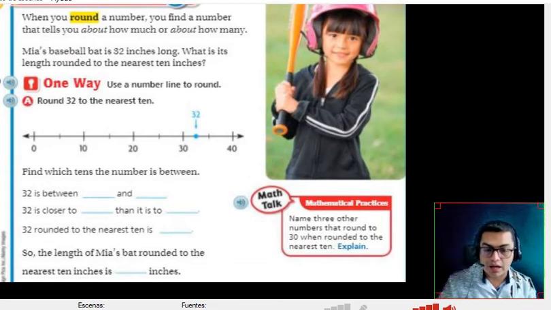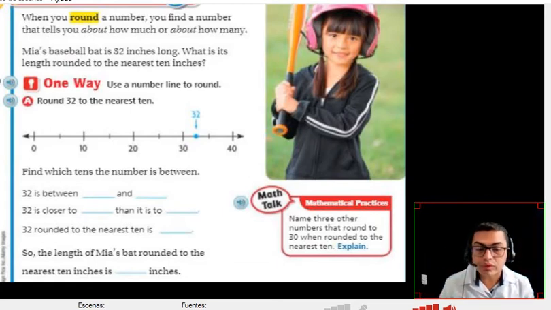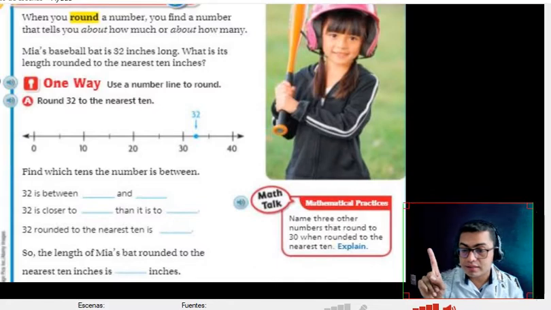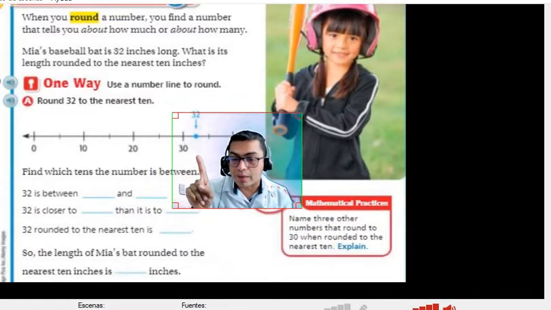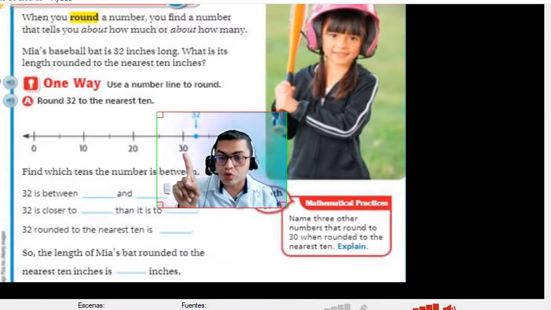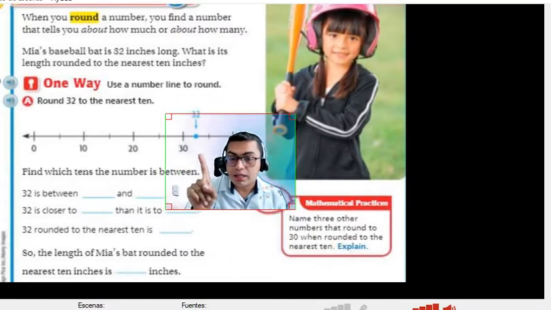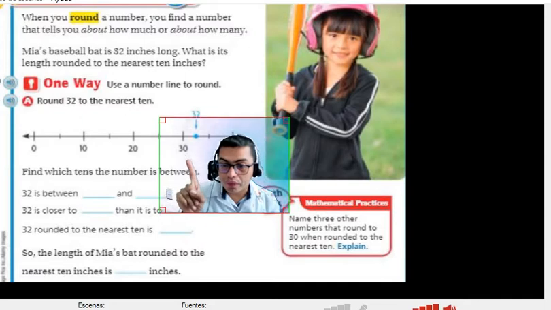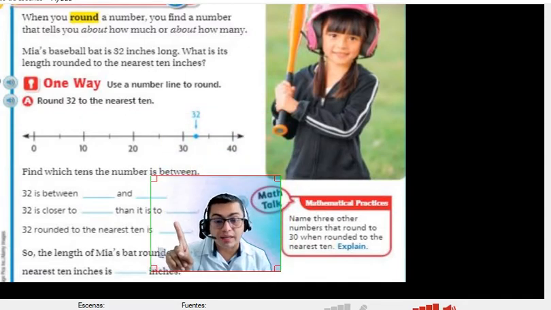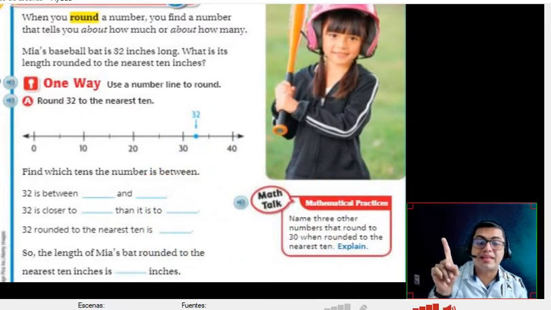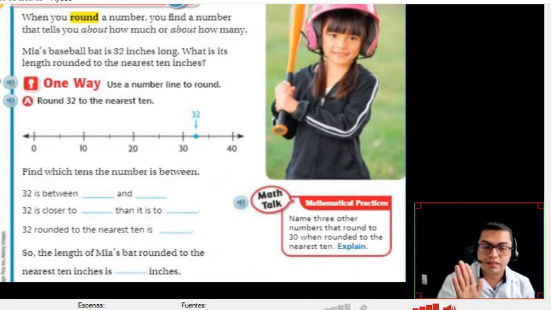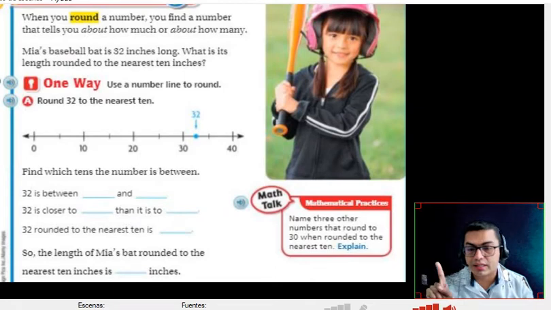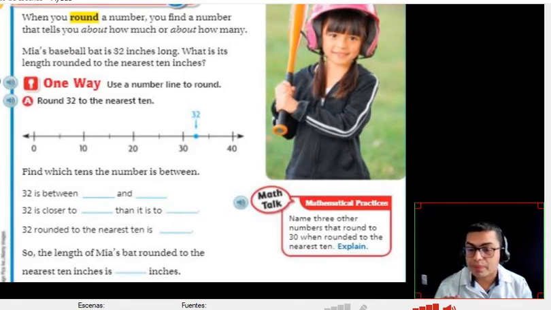So, in that case, 32, ¿a cuál estará más cerca? 32 is rounded to 30, como dijimos que estaba más cerca to 30. Esa es la decena más cercana. So, 30.